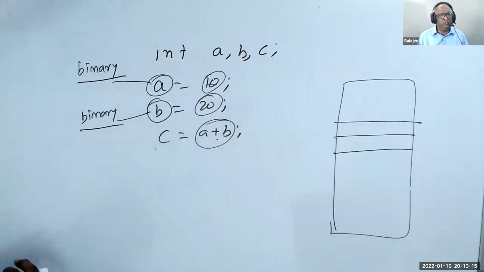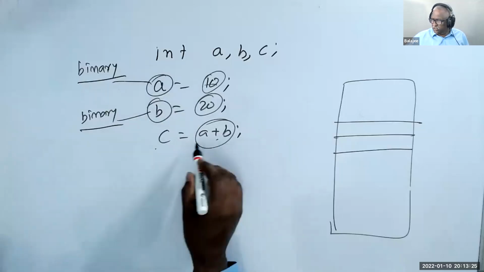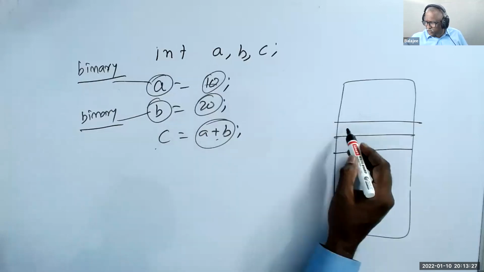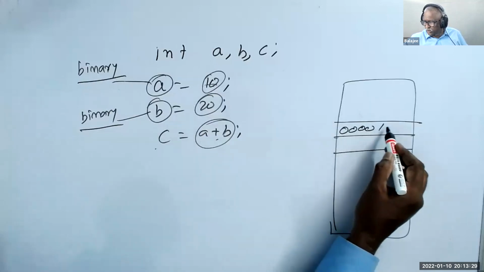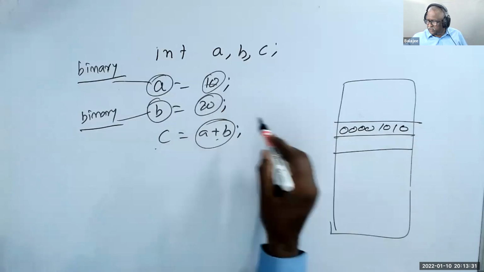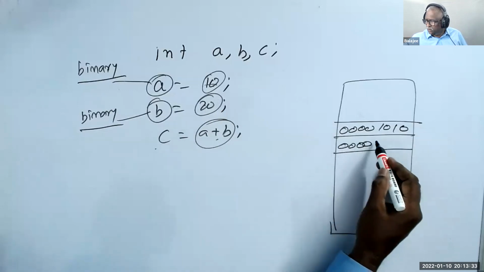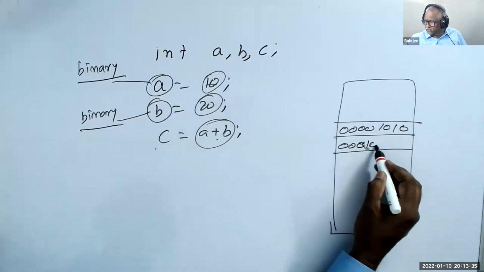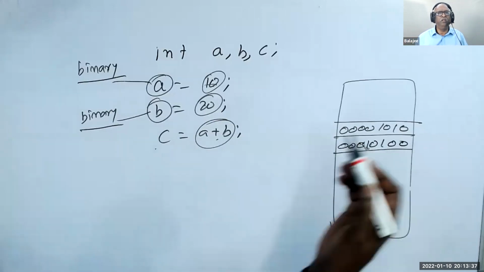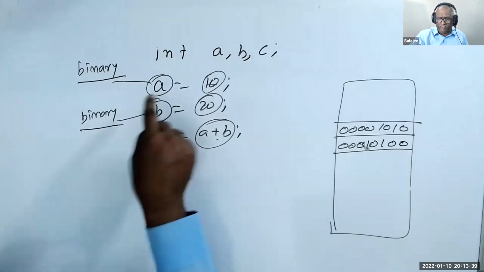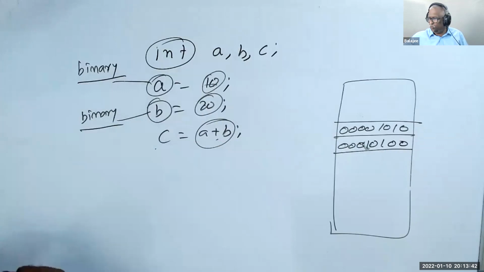That is where the language comes in. I didn't discuss this in programming because programming is different. Now in the language, 10 means 0, 0, 0, 0, 1, 0, 1, 0. 20 means 1, 0, 1, 0, 0, that is 16 plus 4. But actually I declared an integer, so it did not allocate only 1 byte.